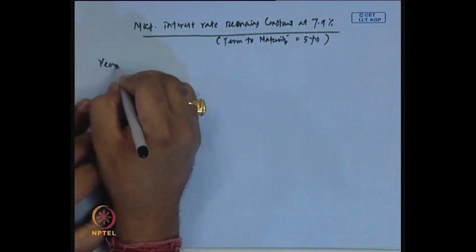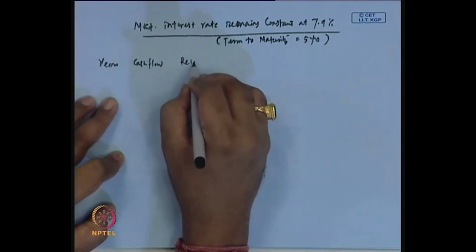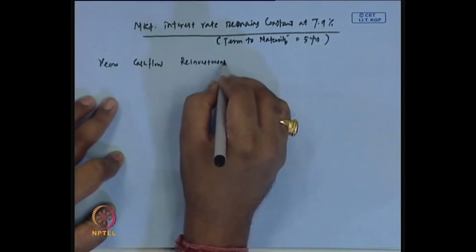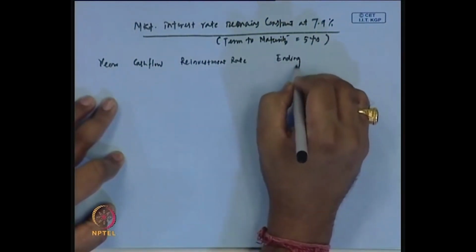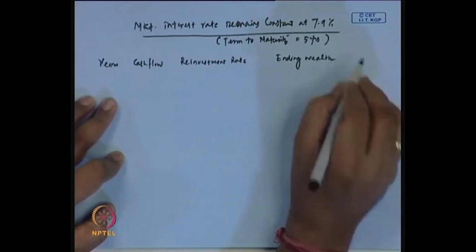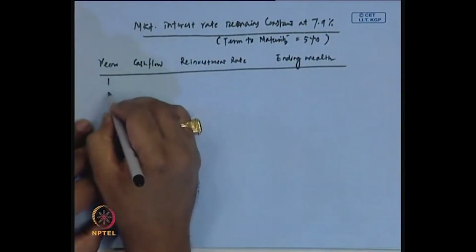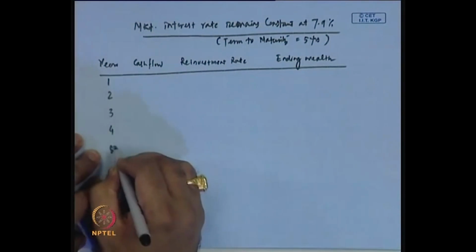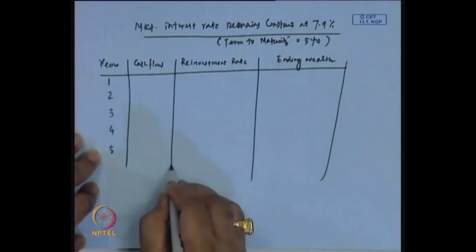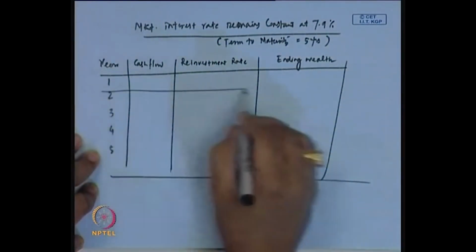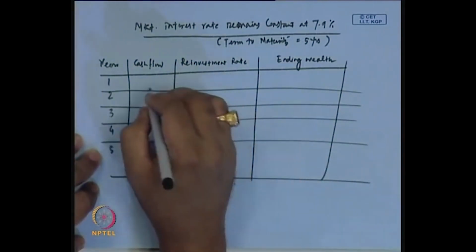Let this be your year, this is your cash flow, this is your reinvestment rate, and this is your ending wealth. Year 1, year 2, 3, 4, 5. Let us see how this can be maintained.